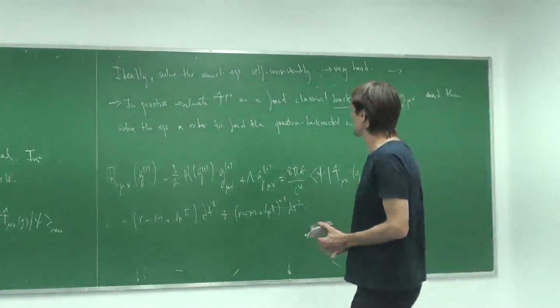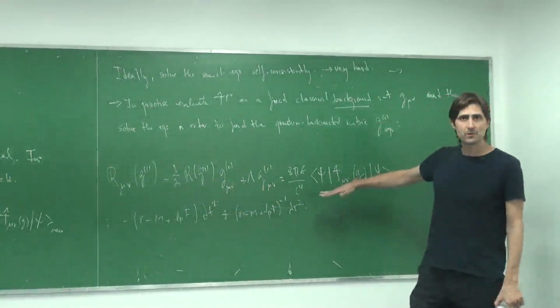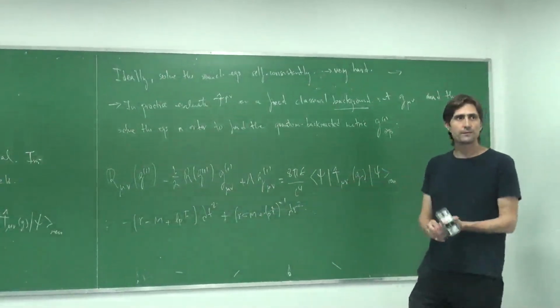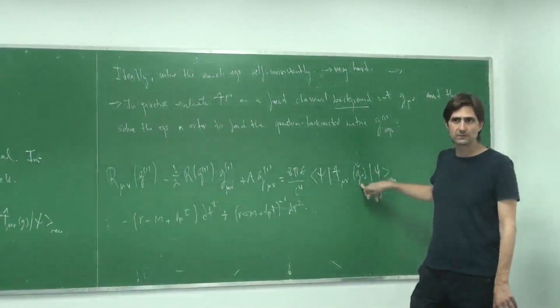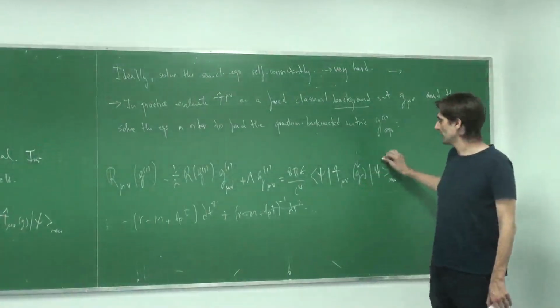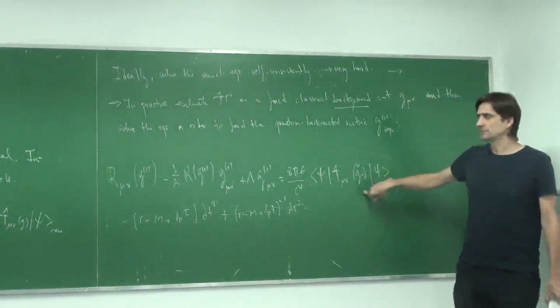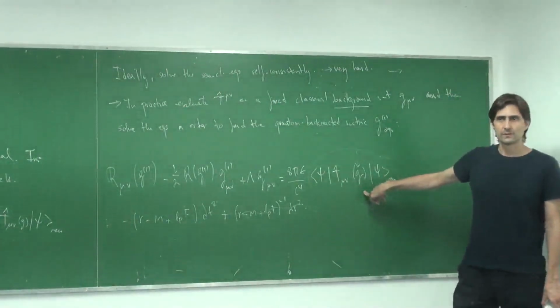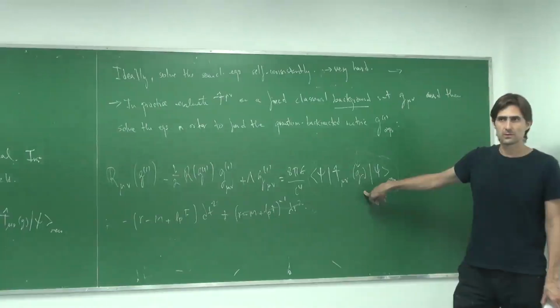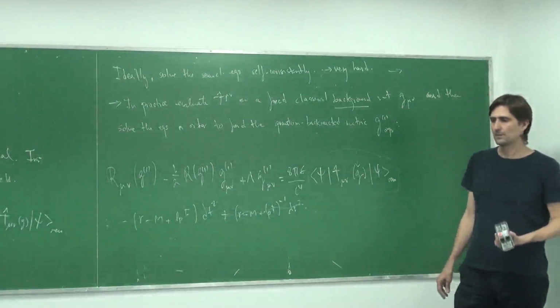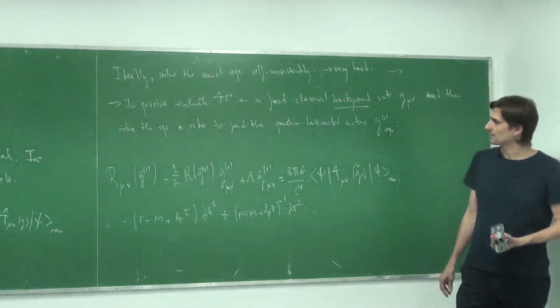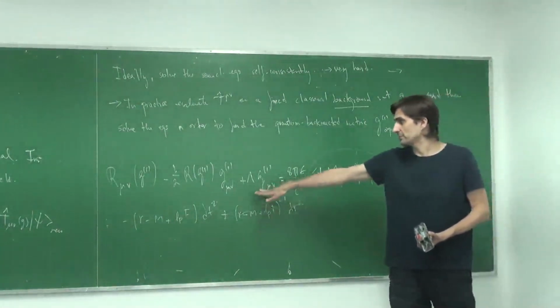Okay, so this is really the framework we're in. We're going to fix some classical background, and then we're really going to calculate these sort of stuff and see what it does. And you get a feel for what a quantum backreacted metric is.